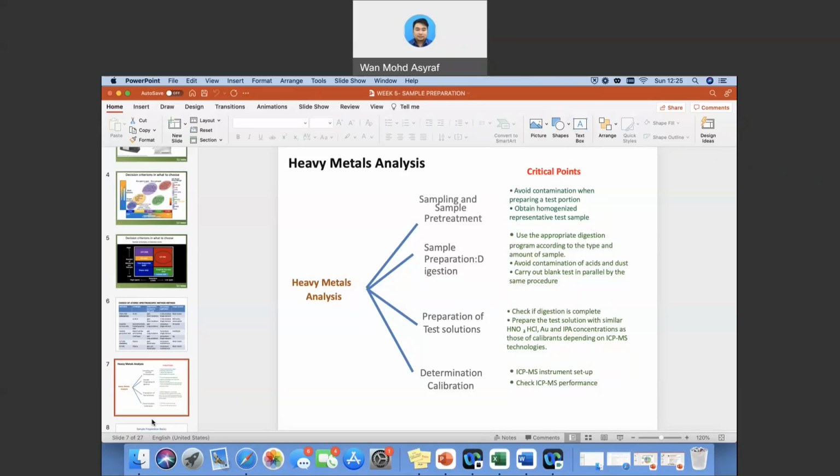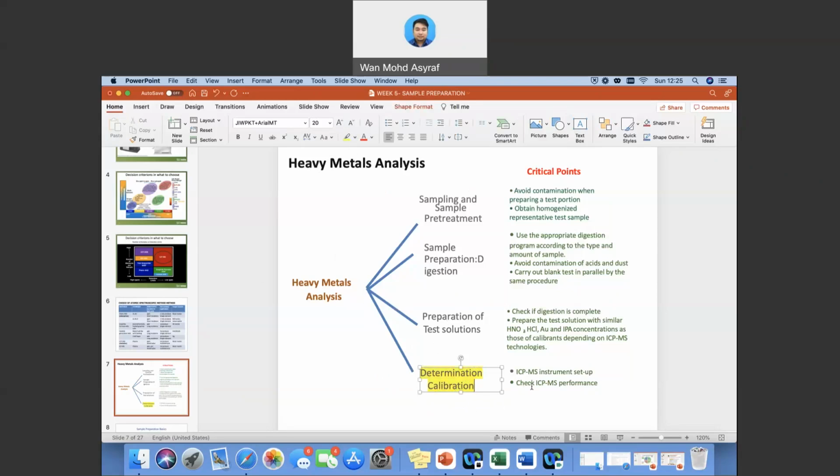When we look at the heavy metal analysis, the instrument is at the end of the analysis, at the bottom part, the instrument used to analyze.